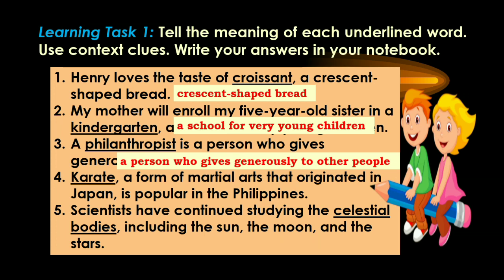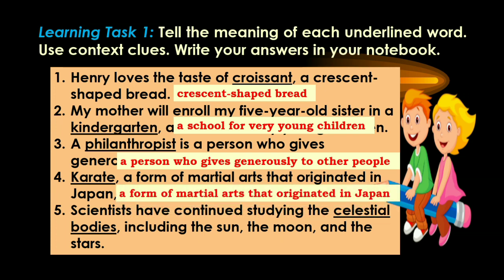Number 4. Karate, a form of martial arts that originated in Japan, is popular in the Philippines. What does karate mean? Karate means a form of martial arts that originated in Japan. Number 5.